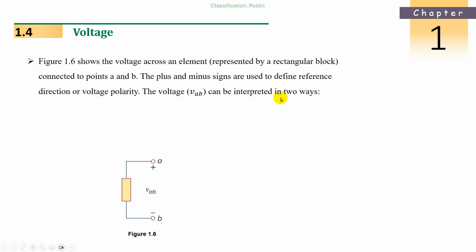The voltage VAB can be interpreted in two ways.